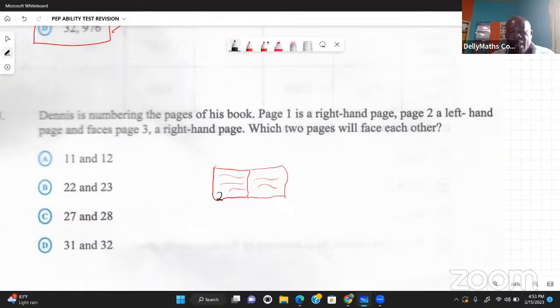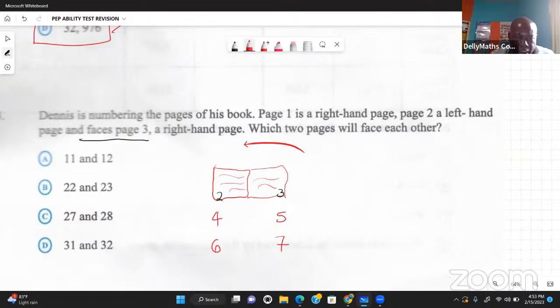This is page 2. They went further to say that page 2 is on the left and it's facing page 3. That means page 3 is over here. Imagine if you flip page 3 that way, then page 4 will be on the left, and page 5 will face it. Page 6 will be on the left, page 7 will face it.